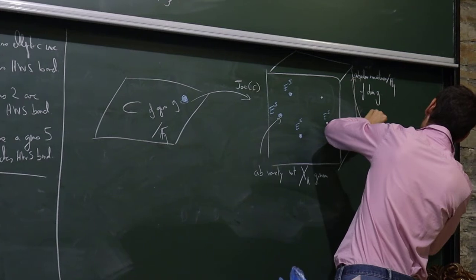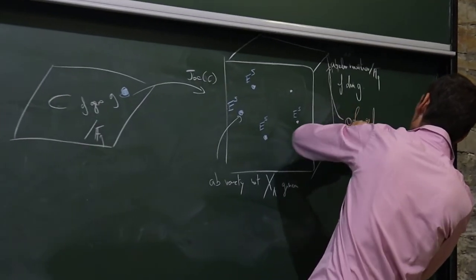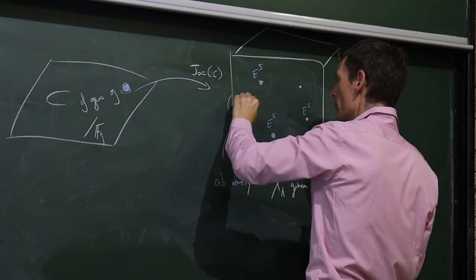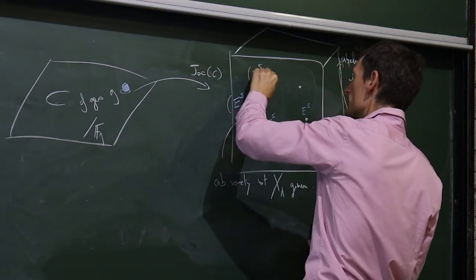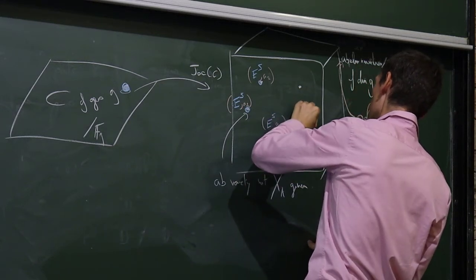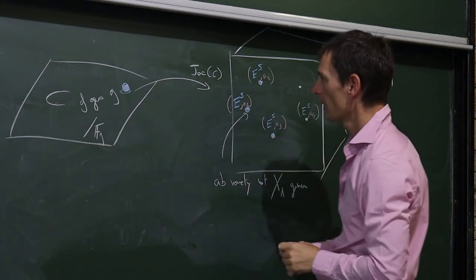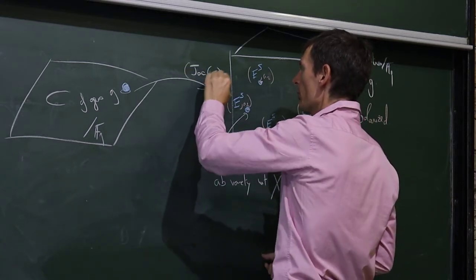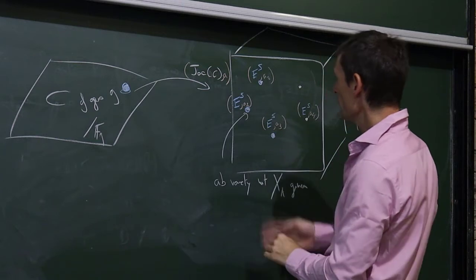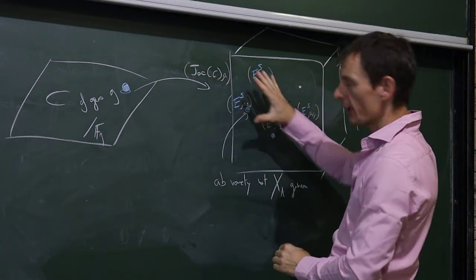polarized abelian varieties up to isomorphisms. So now I'm adding to each of them a polarization, because the Jacobian comes with a polarization. And I want to know if one of these points now is inside the locus.